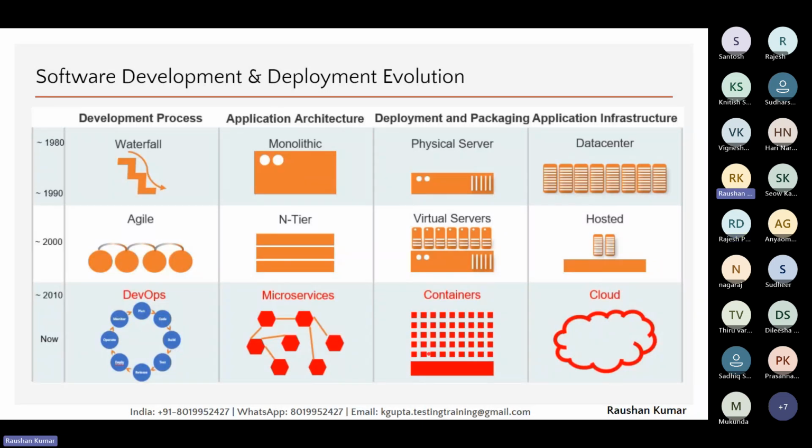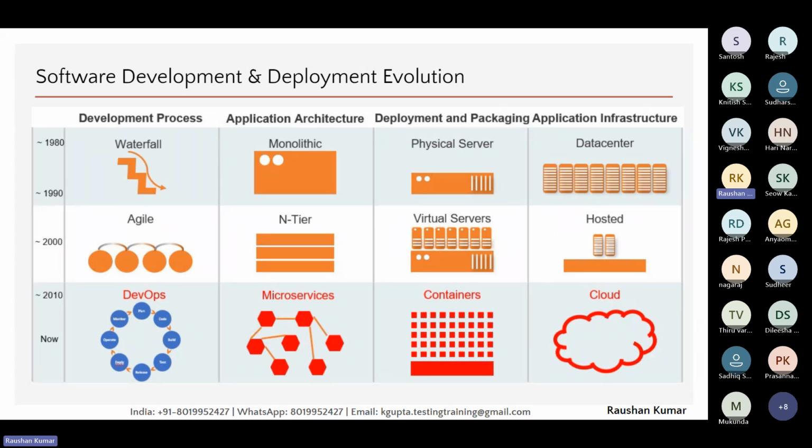DevOps, microservices, containers, and cloud. Whichever technology you are into, if you are in cloud operations, you need this. You are an automation engineer; you may not need a tech stack for that, right? If you're into automation, you are mostly into functional testing automation. But if you love technology, this is the situation we are in right now.